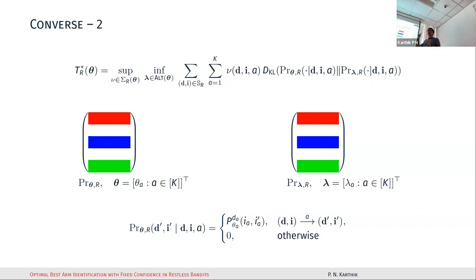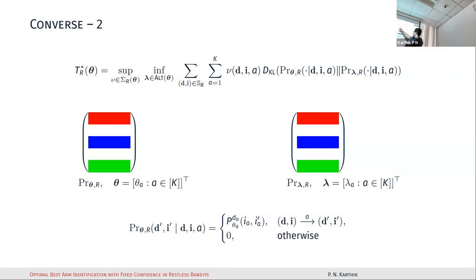Now it's a finite state space because of the delay constraint. It's no more a countable state space, it's a finite state MDP, so it's a finite length vector. You take that vector and the corresponding row between the true instance and the alternative instance, and you take a weighted sum of such KL divergences. That is what the TR star is. It has the exact same interpretation as in the IID setting. In the IID setting, there were only actions. Here, there are states and actions of the MDP. That's the takeaway.